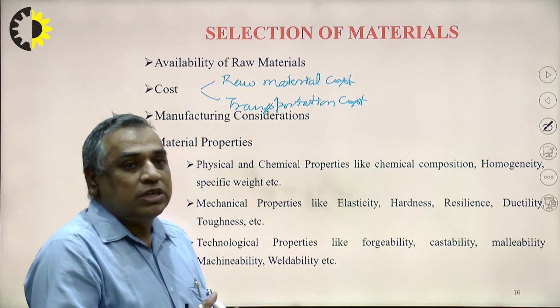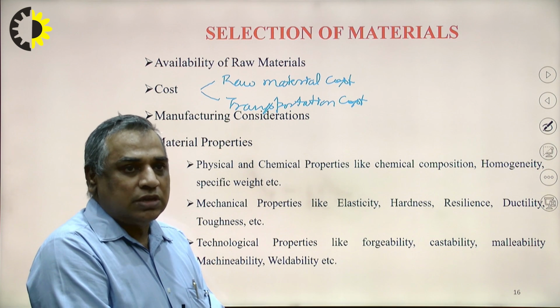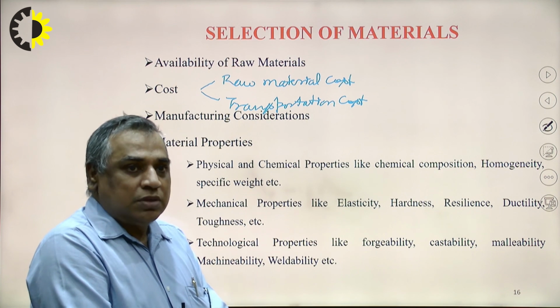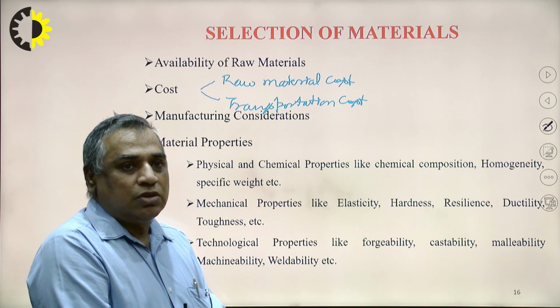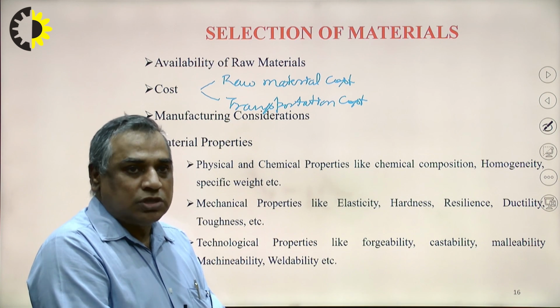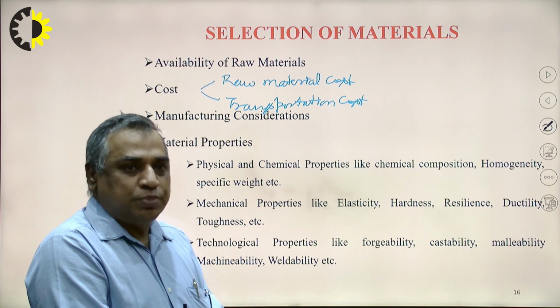So ultimately the final cost may come out lower than for the material which has a lower raw material cost. A costlier raw material may result in a cheaper product.